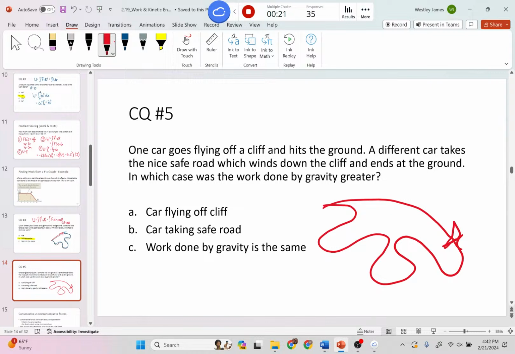In which case was the work done by gravity greater? So basically the same question as last time, but instead of it being friction, it's gravity. We'll go to 110.